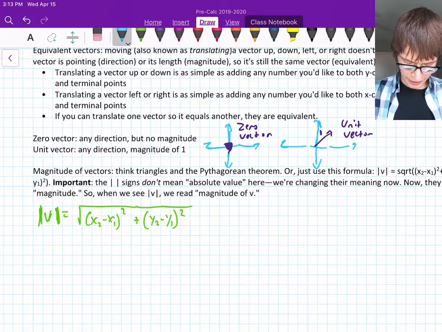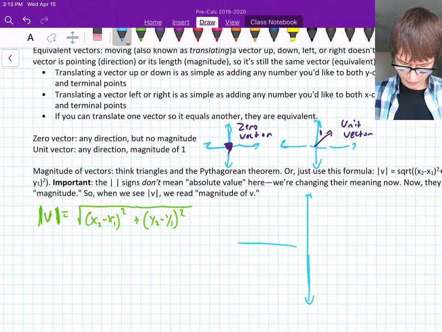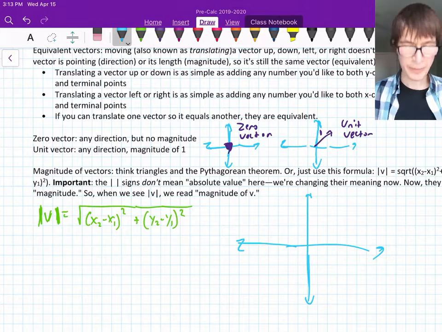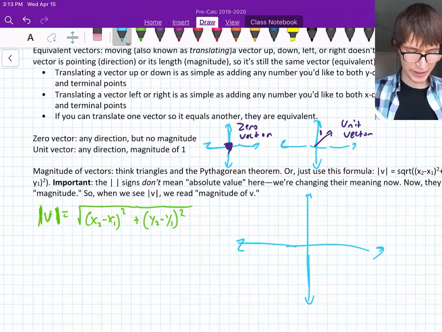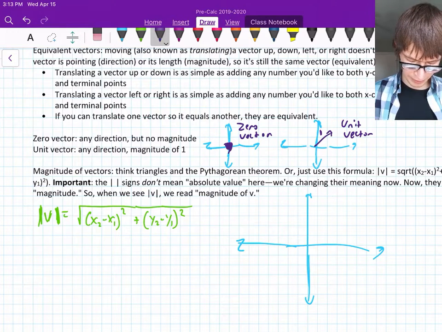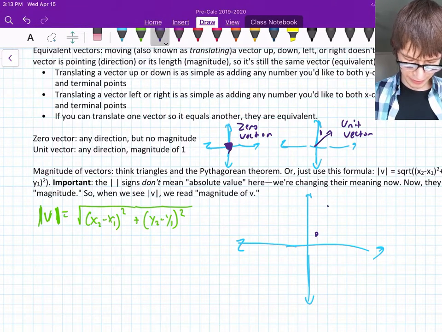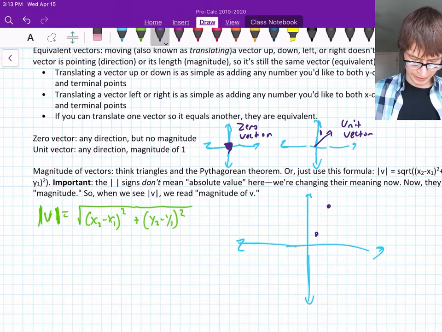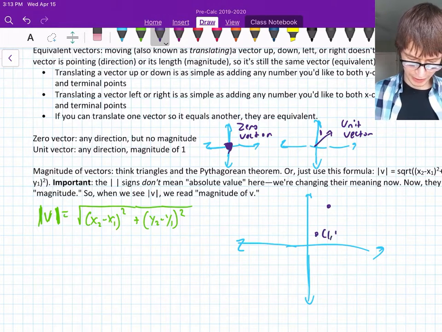So if you want to find the size, the distance between 2 points, remember the distance formula? We use the Pythagorean theorem to find the distance formula. Let's say I want to find the distance between this point and this point. This is (1, 1) and (2, 3).